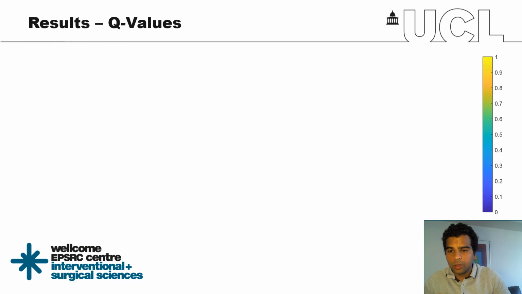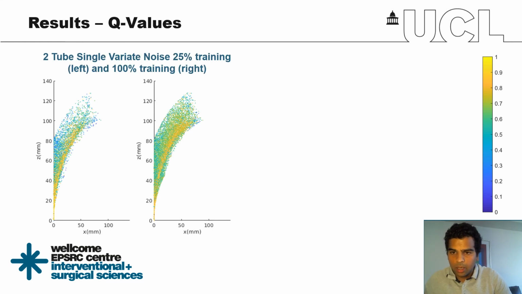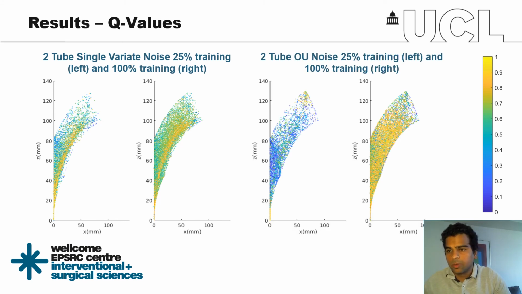Now we can take a slice about the XZ axis, and we see that the single variate noise, even from 25 to 100%, still struggles to reach the full extension, versus the Ornstein-Uhlenbeck noise, which can really stretch out and push towards extension because of that mean reverting property.